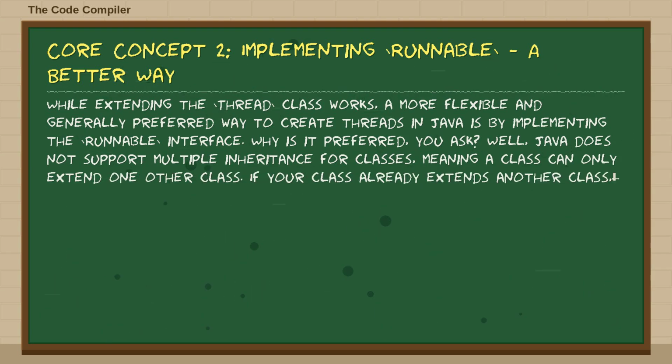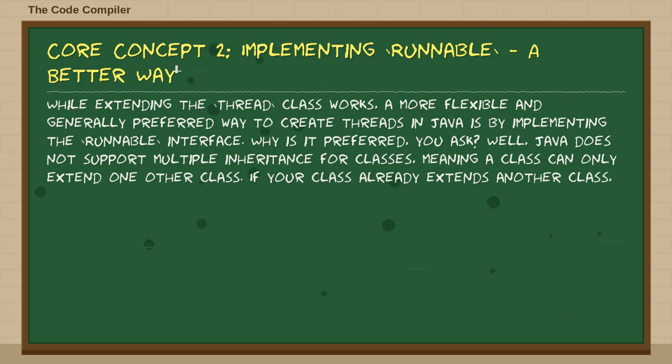If your class already extends another class, you cannot extend Thread directly. However, a class can implement multiple interfaces. So, by implementing Runnable, you separate the task, what needs to be done, from the thread, how it is done.